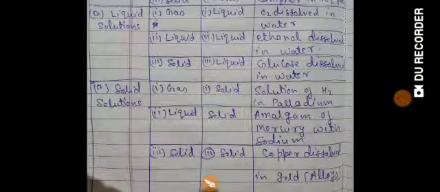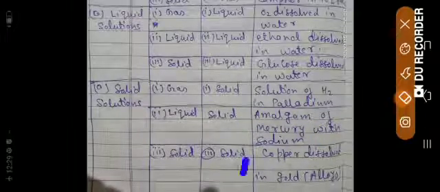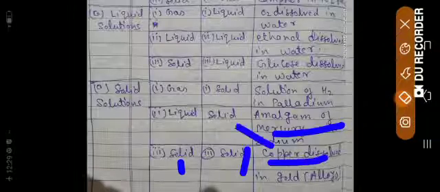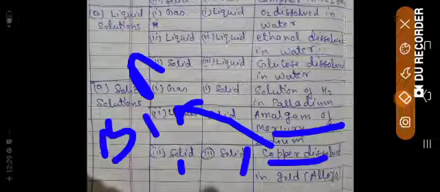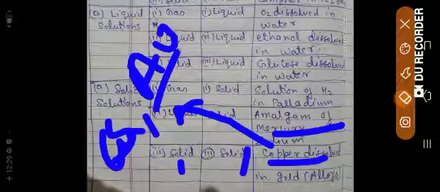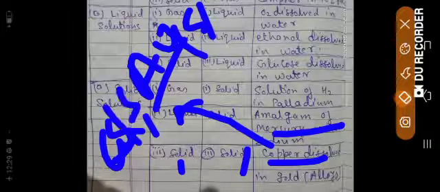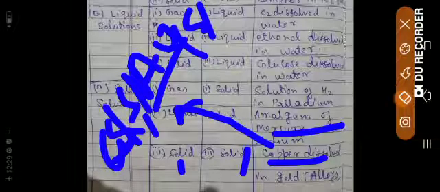Now come to the next part, students. Solid solvent and solute is also solid. So all the alloys, copper dissolved in gold. As you know, copper is a solid and gold is also a solid. So both solids dissolve in each other, making solid solutions.